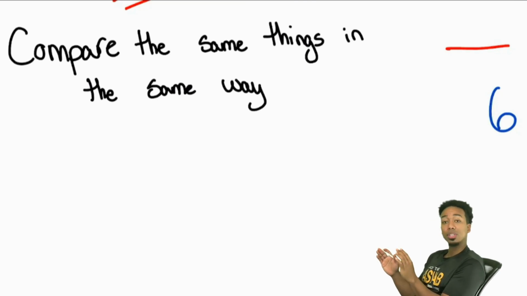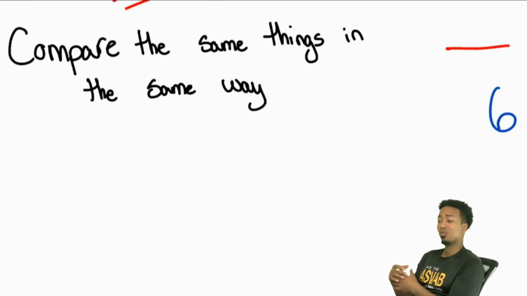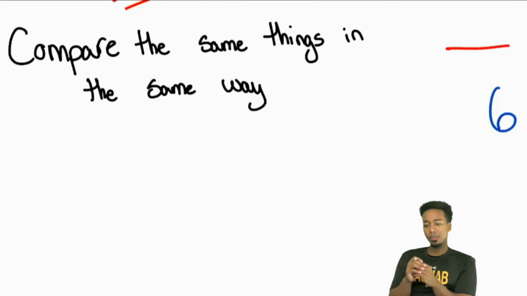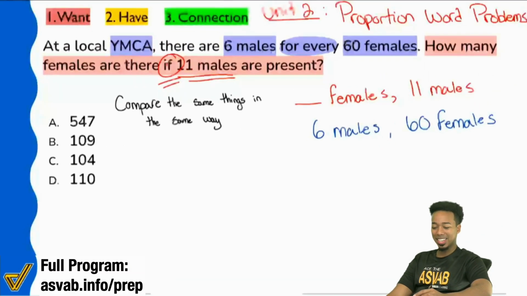Even if you don't know what that means yet, write that down, because I'm sure that you'll be able to understand that versus any formula or math definition that I could give you. I'm going to explain this in a moment. Few more seconds here. All right, 3, 2, and 1. Cool. Again, compare the same things in the same way.